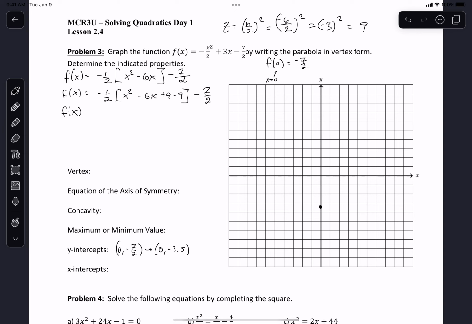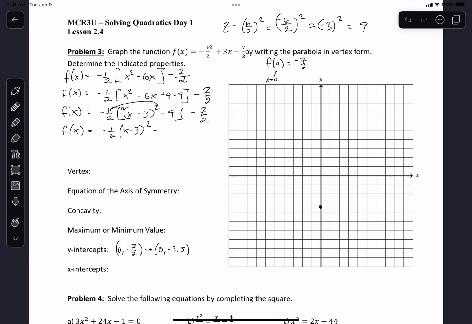So f of x is going to equal negative 1/2 times x minus 3 squared minus 9 minus 7 by 2. Distribute that negative 1/2 in. That goes to both things, don't forget about that. Sorry, that first one was a little big, it goes here or there.